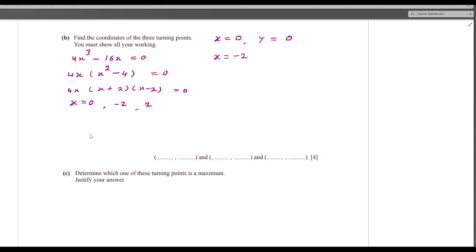So your result is 0. Find the coordinates of the three turning points. For x equals minus 2, your y value is minus 24. This is minus 8 times 4. Sorry, it's 32. So minus 32.